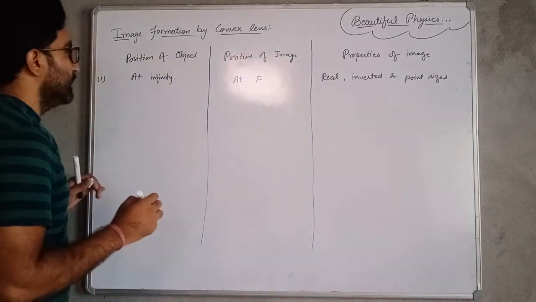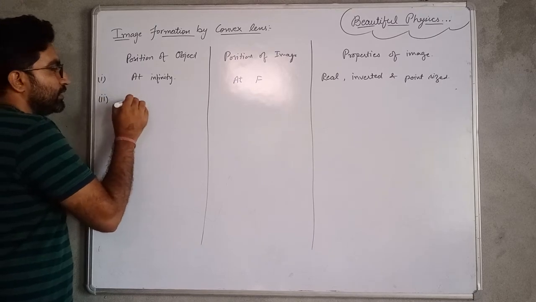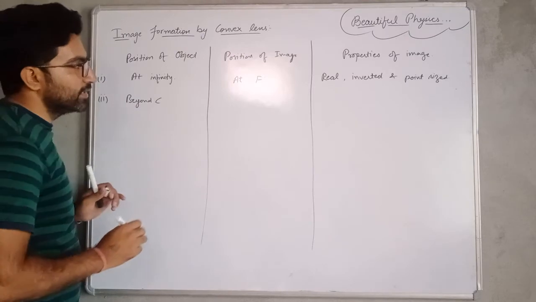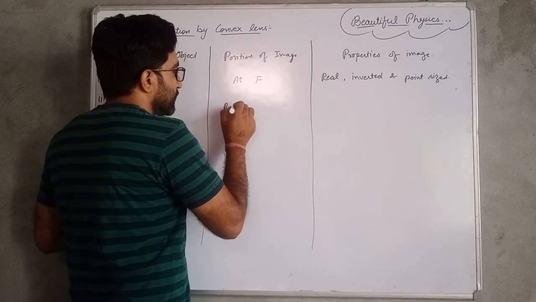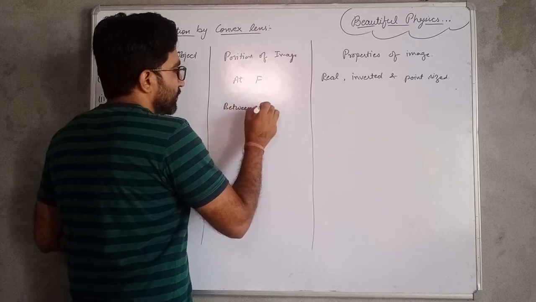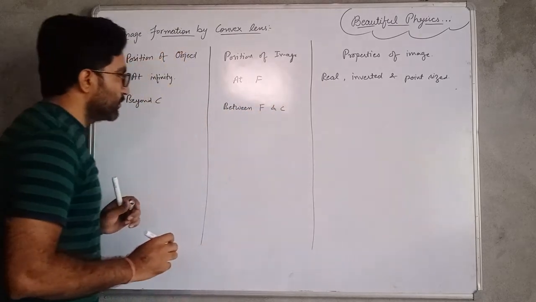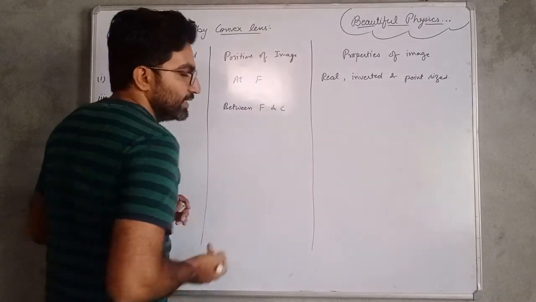Next one, when the object lies beyond C. When the object lies beyond the center of curvature, the image is formed between F and C, or we can say F2 and C2.